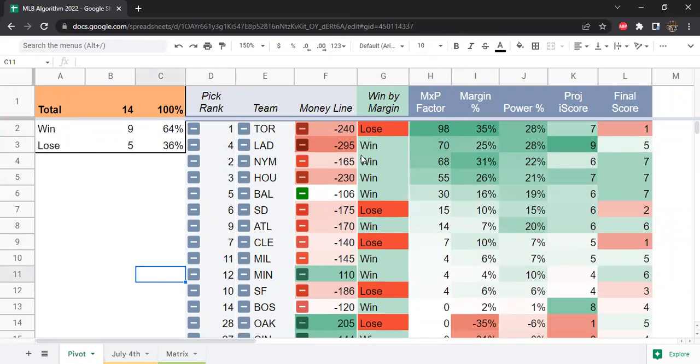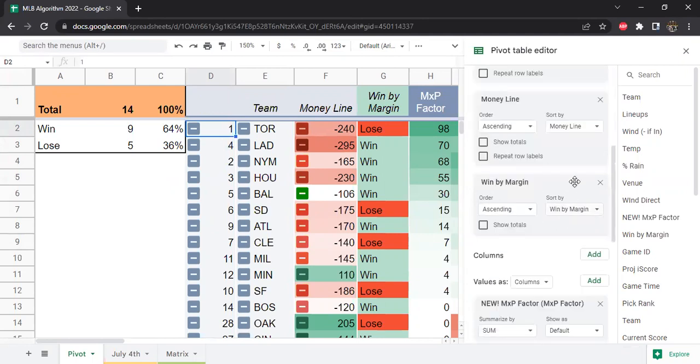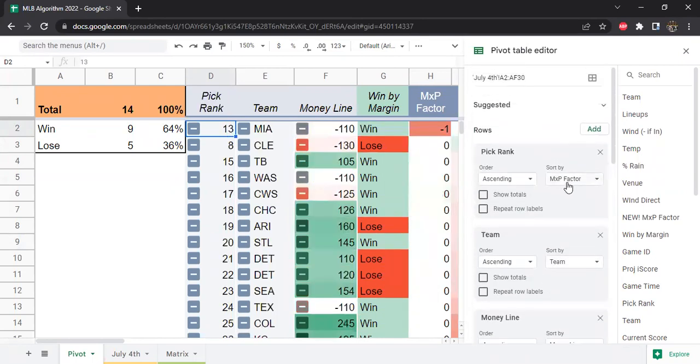So if you look at how the odds makers did here, you can easily show that by ascending by money line. Where's money line?